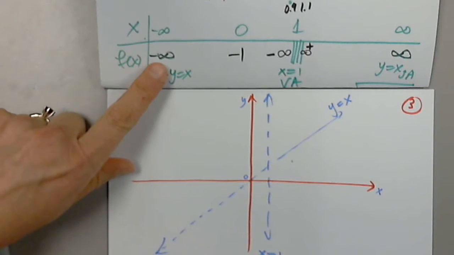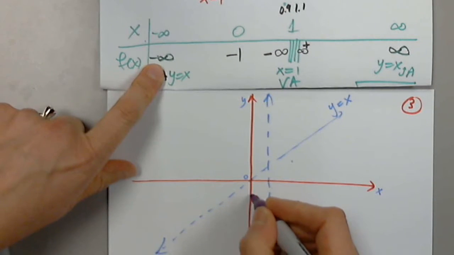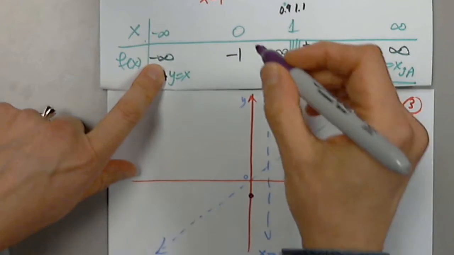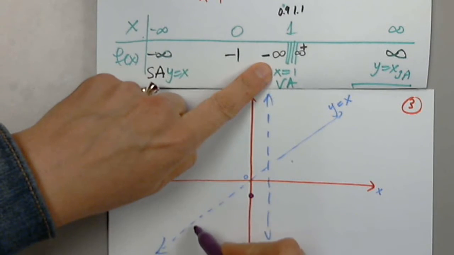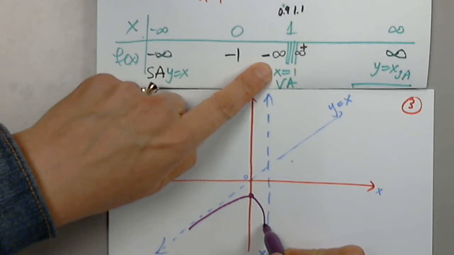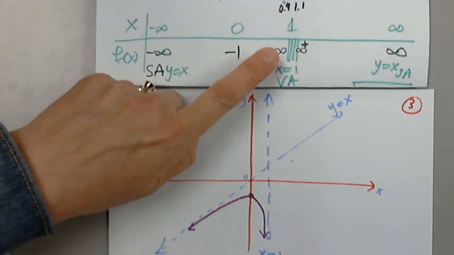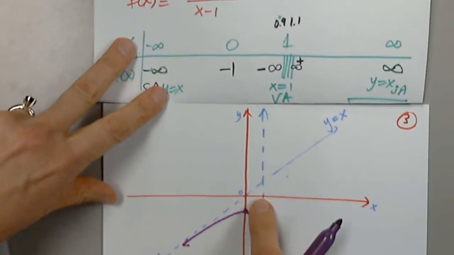It says, from approaching the slant asymptote towards -infinity, must cross the y-axis at 0, -1, and go to -infinity. I don't know if it turns there. For now, I'm going to say it turns there. I will verify that with a calculator in a minute. Is the left-hand side clear? Yes? Okay, let's look at the right-hand side of the asymptote.